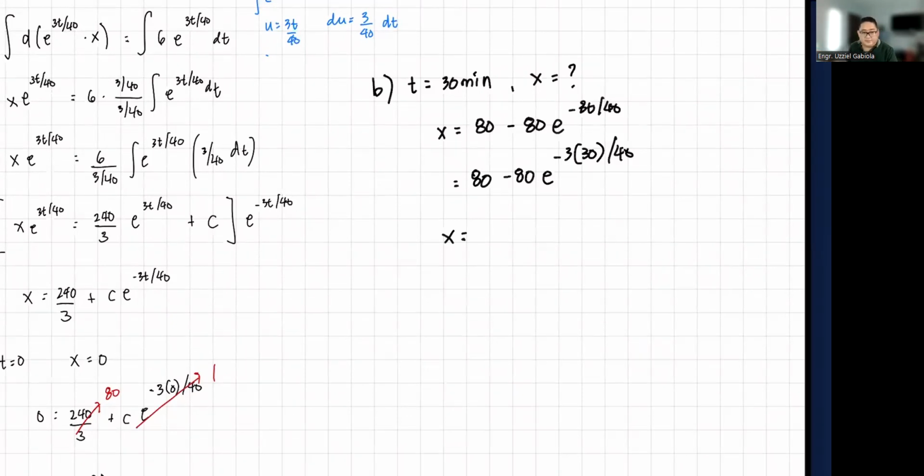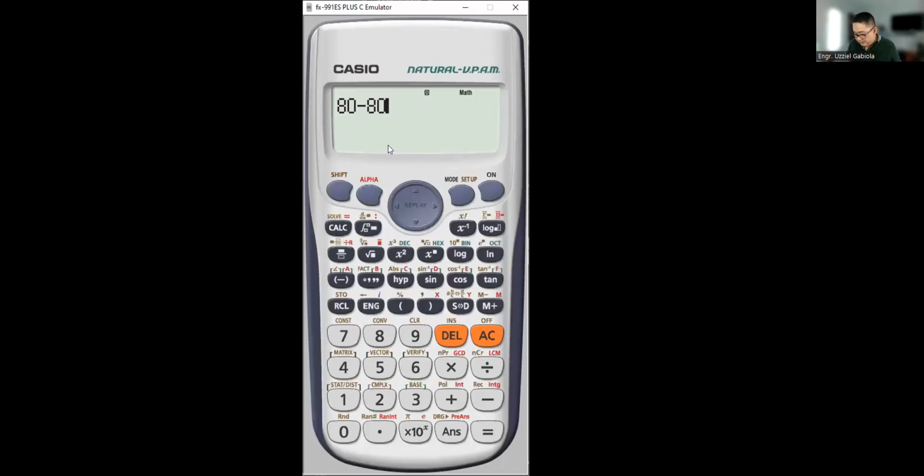I don't have a calculator, so let me just show it. 80 minus 80 e raised to negative 3 times 30 divided by 40.